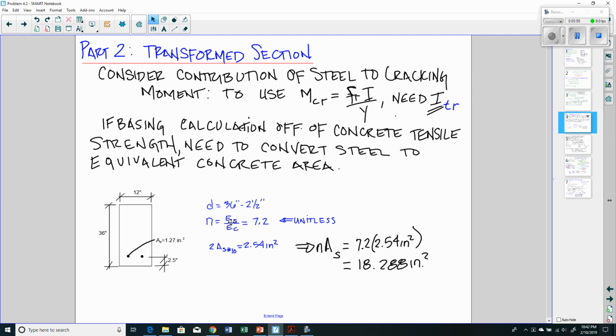Note our n is just equal to Es over Ec, and Ec was equal to 57,000 times square root f prime c. Because you have Es over Ec, these are both units of force per area, so it ends up being a unitless value.